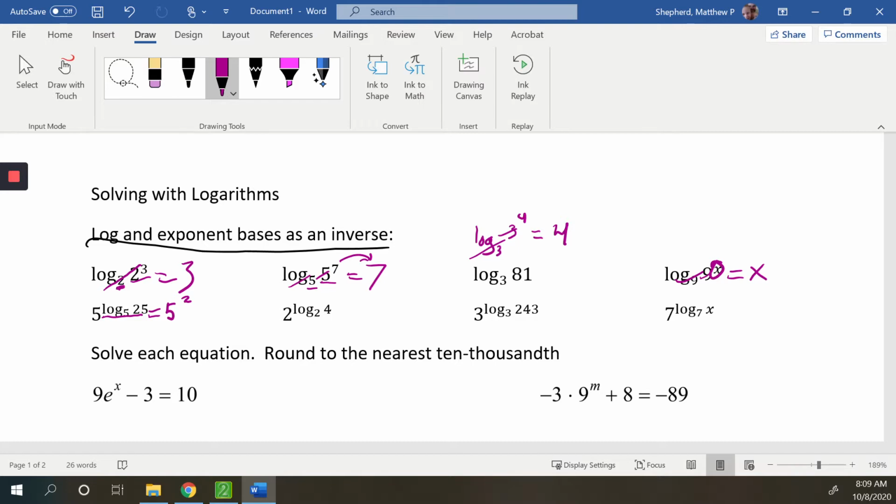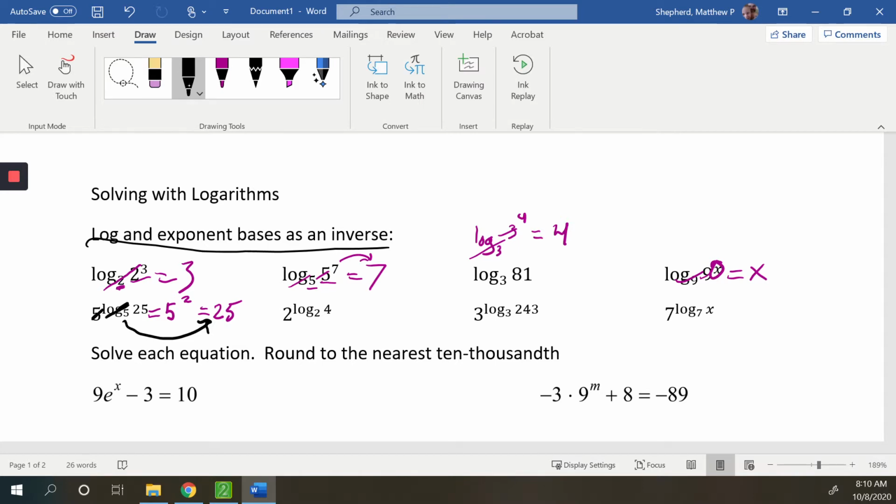And then 5 squared would just equal 25. Now, look at what happened. The base of 5 and the log base 5 eliminated each other because they are opposites and left us with 25. Left us with what was inside that log.